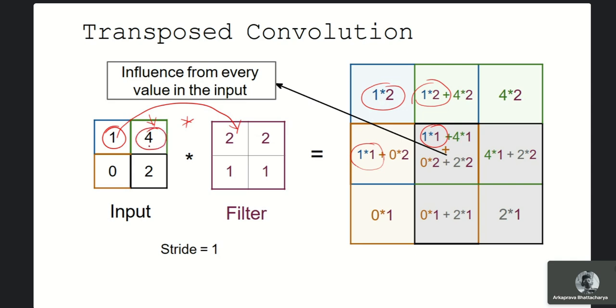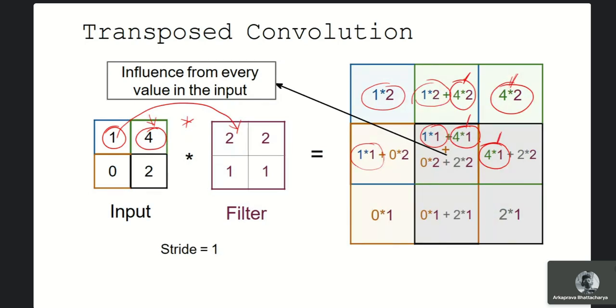Now I stride my filter by 1 and again multiply this filter with the next input value. When I do this, I will get 4 cross 2, 4 cross 2, 4 cross 1, 4 cross 1. Just see the values that I am circling.